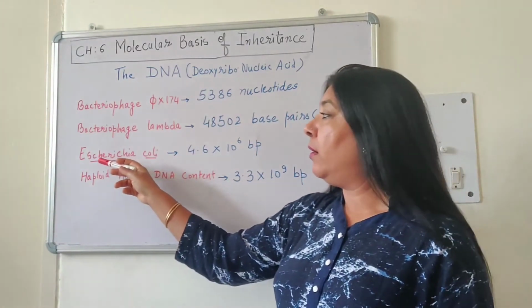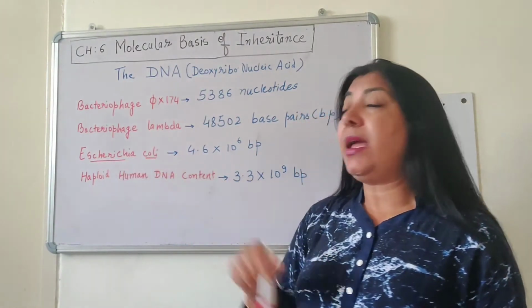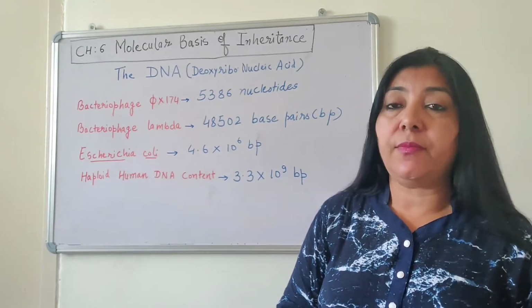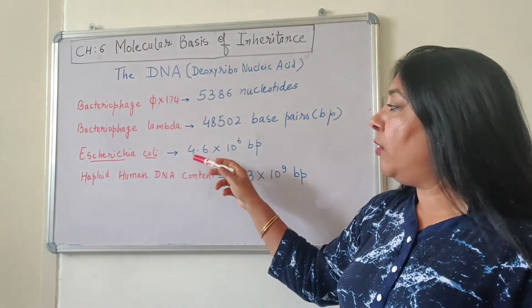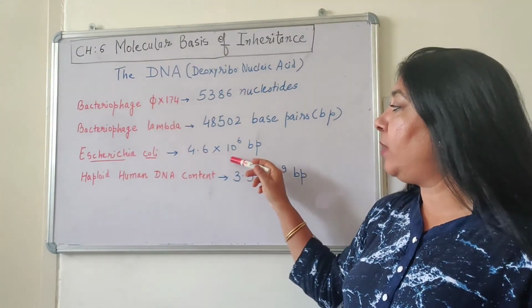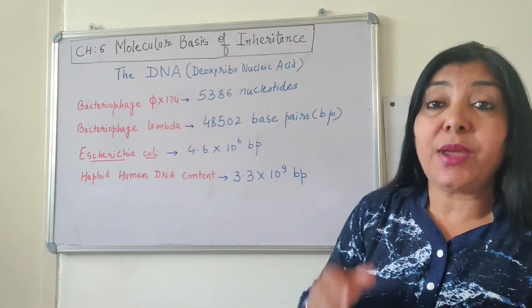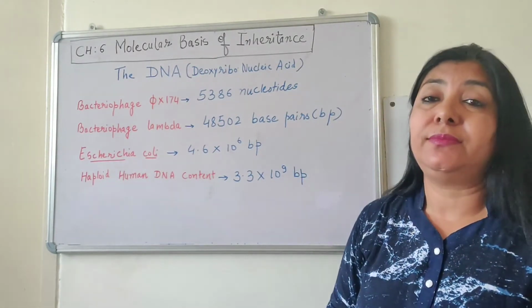Likewise, if you compare Escherichia coli, E. coli, it's a bacteria. It contains 4.6 into 10 raised to the power 6 base pairs of DNA.